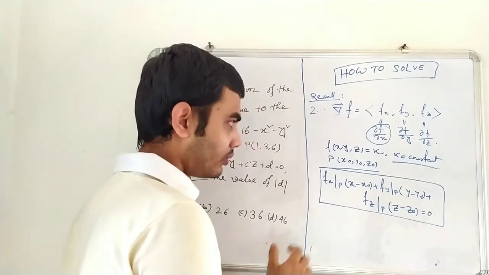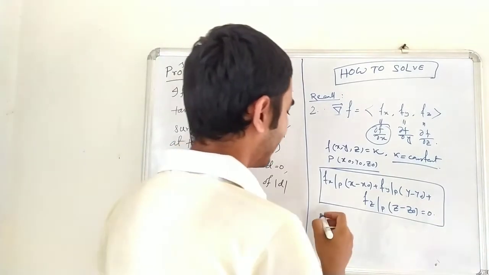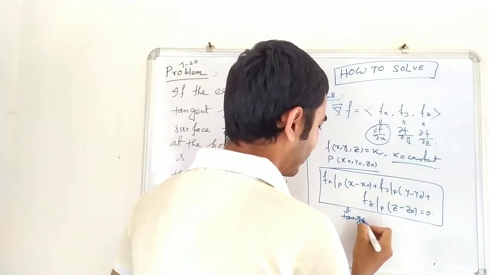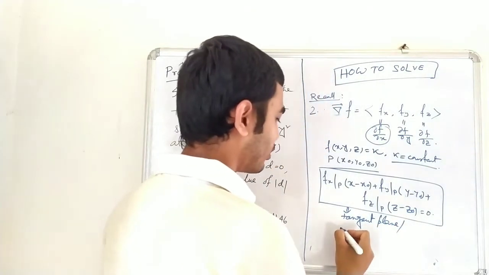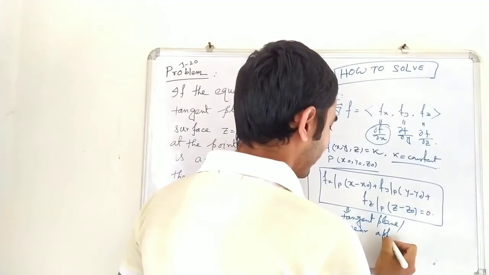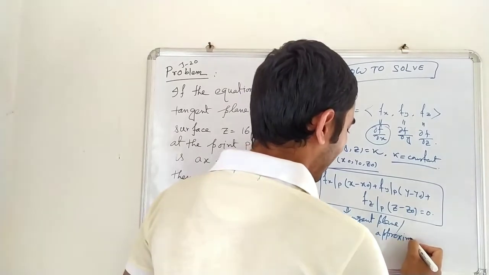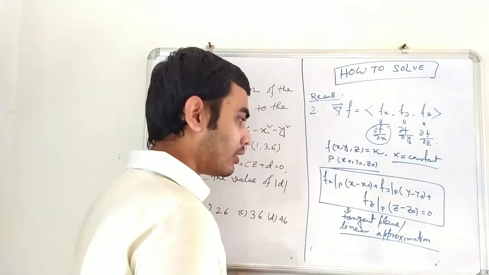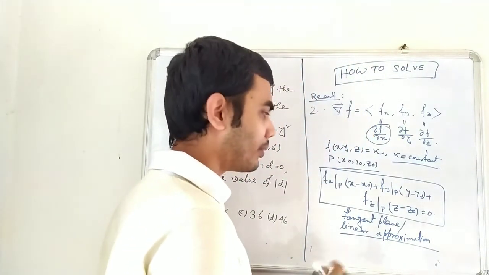Sometimes this tangent plane is also called the linear approximation. Why is the tangent plane also called the linear approximation to the surface at a point P?